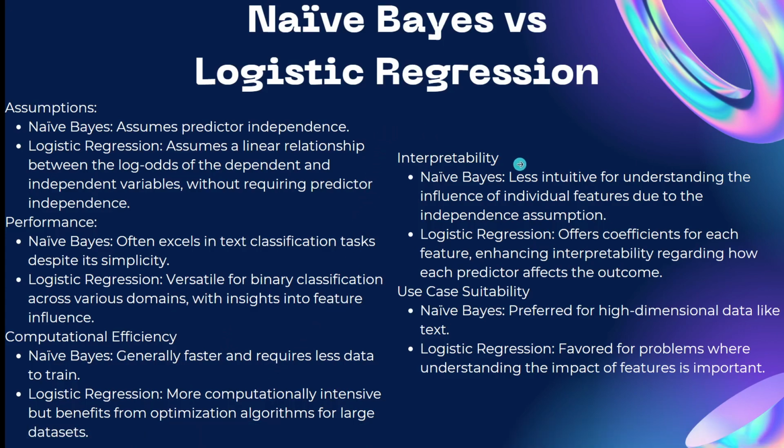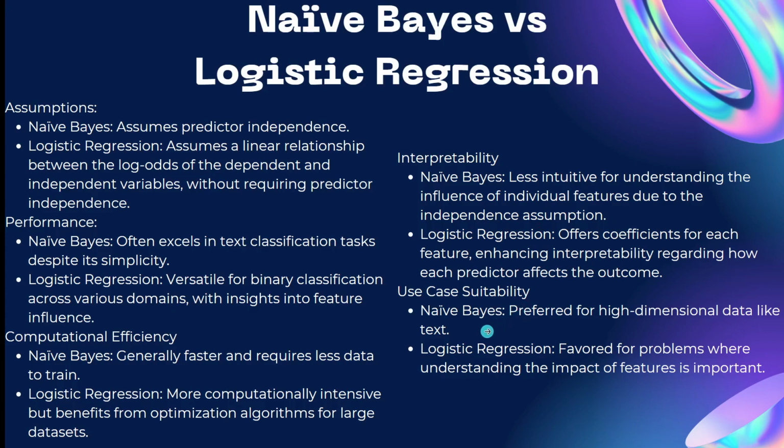For interpretability, Naive Bayes is less intuitive in understanding the influence of individual features. It's using the independence assumption, that's why it works like that. Logistic regression can be interpreted better than Naive Bayes because it has different kinds of relationships between the input data and how it affects the outcome.